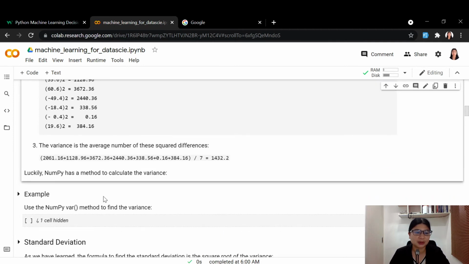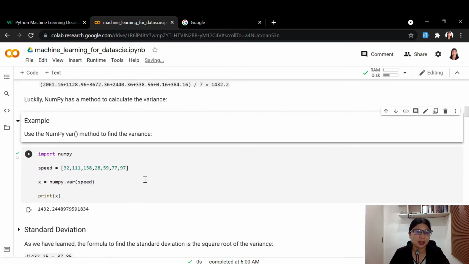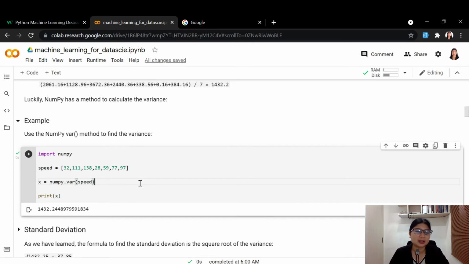So naka-hide siya. One more. Okay. So to get the variance, we don't need to isa-isahon naton, because there is also a function or a method. So nakuha na naton ang aton nga variance.